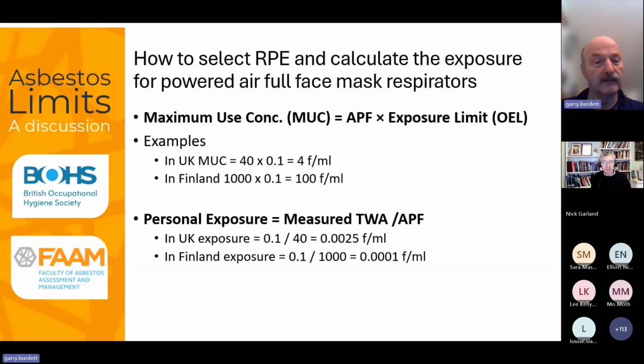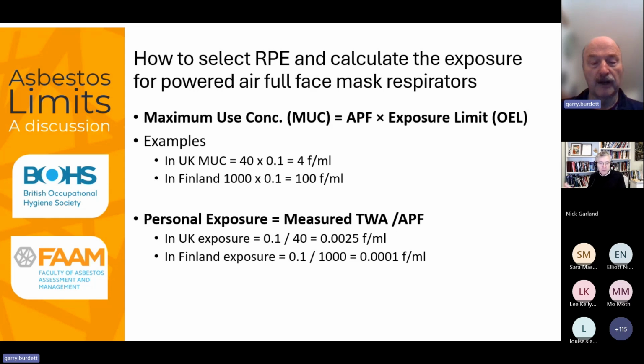In Finland, the same respirator with its APF of 1,000, the maximum use concentration is 100 fibres per ml. So you can see the disparity that's caused by the non-uniformity of respirator APFs.